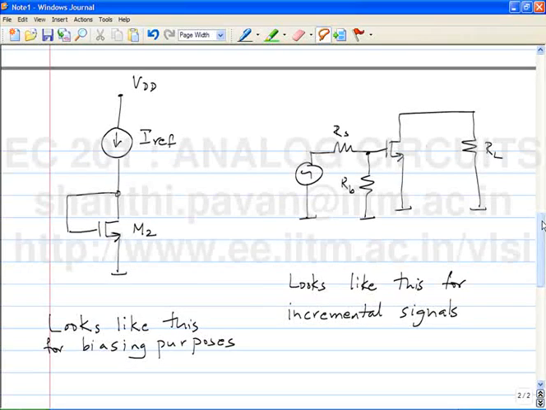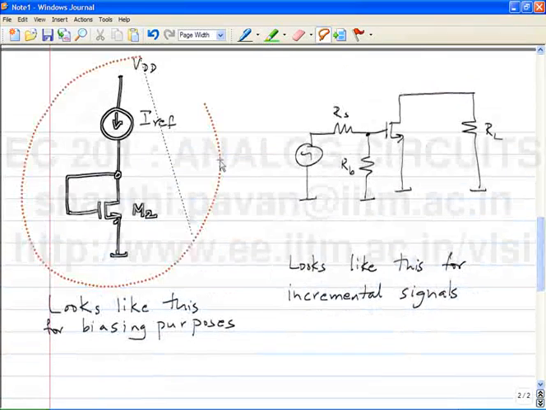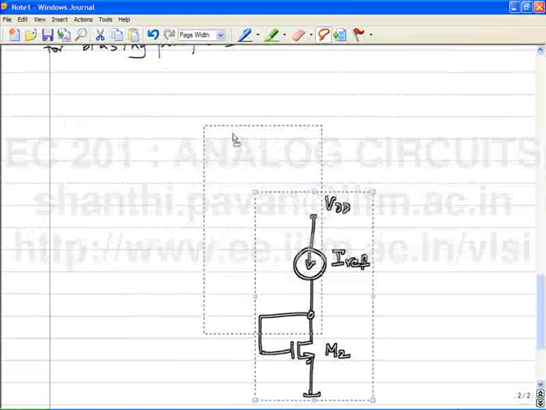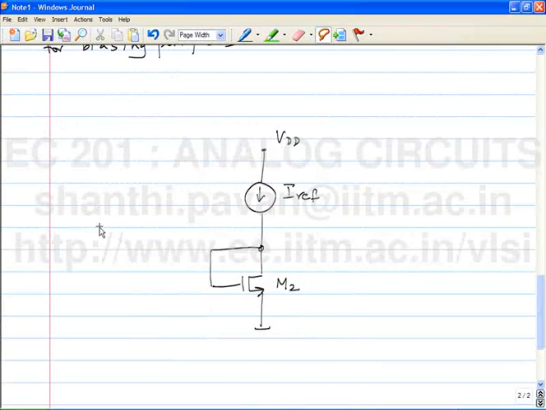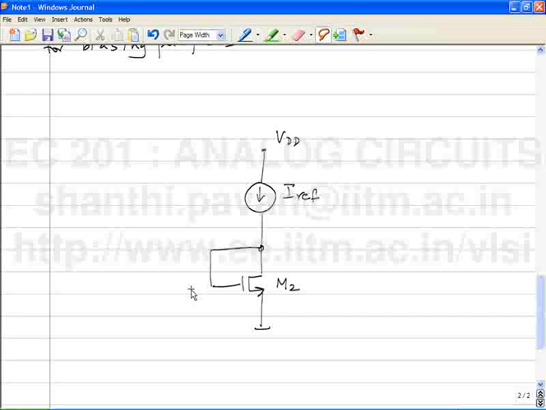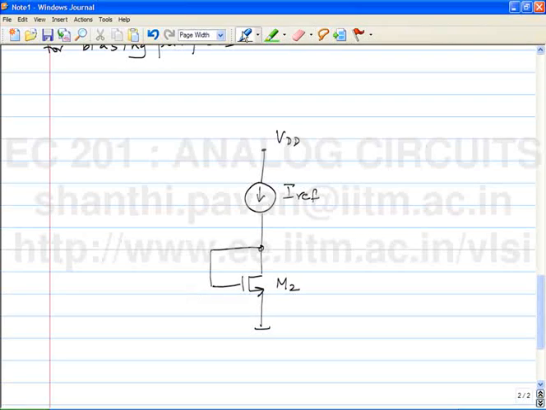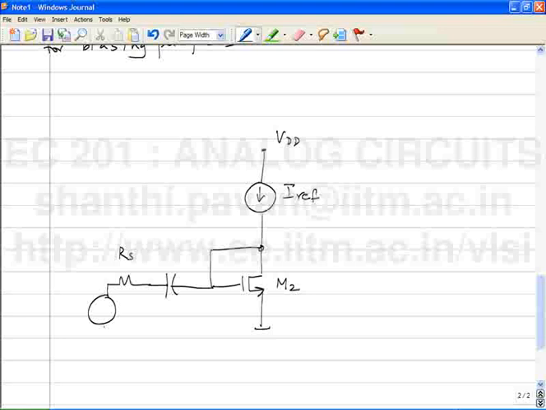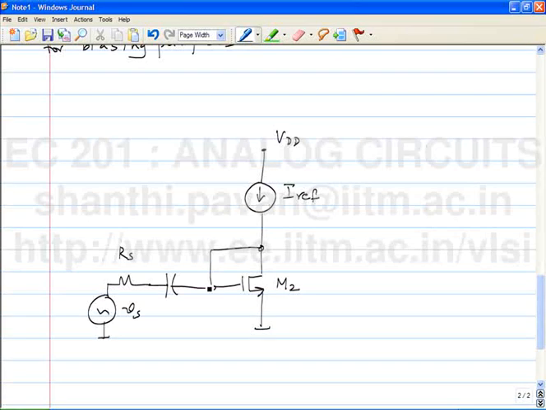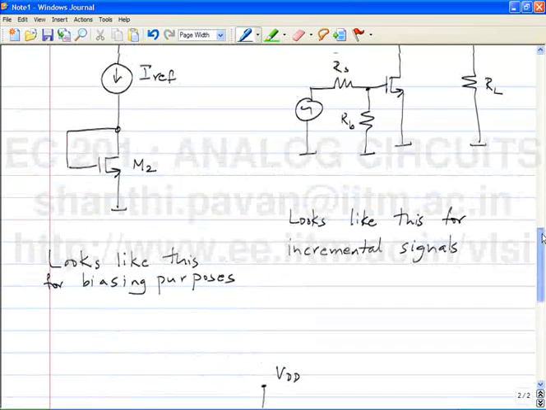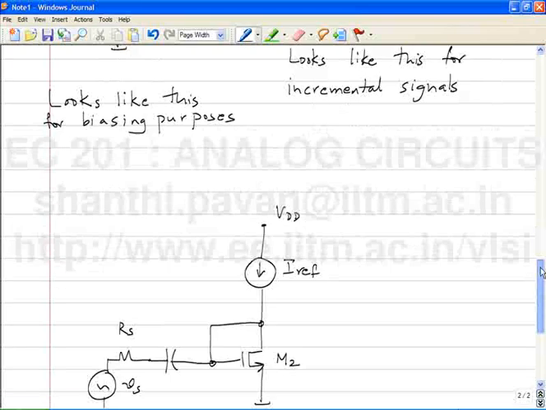It's simply, for example, if I did this, so if I hooked up a circuit like this, what could I do to add input signal to the gate? We do what we are used to, which is put a large capacitor, RS, Vs. How would we add on the load? Parallel to?